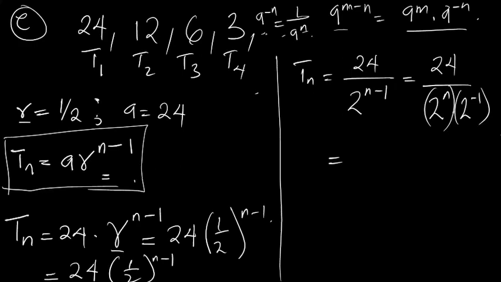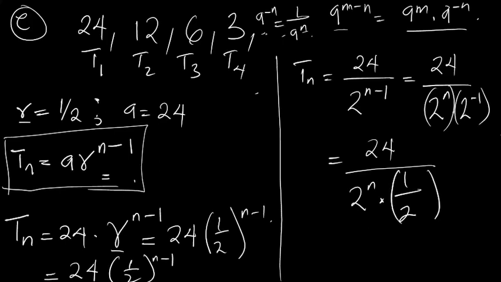So we now have 24 divided by 2 to the power n times 1 all over 2. Anything raised to power 1 is the same thing. So now with the way these come up here, you have 48 divided by 2 to the power n. So that is the nth term.